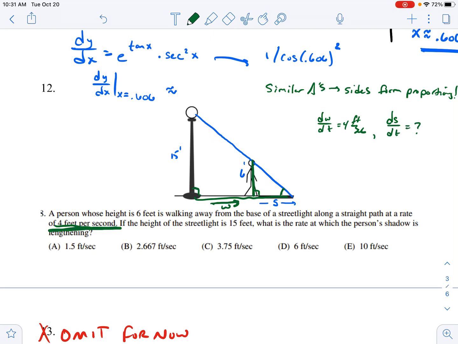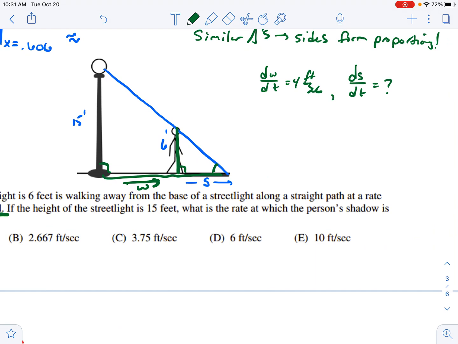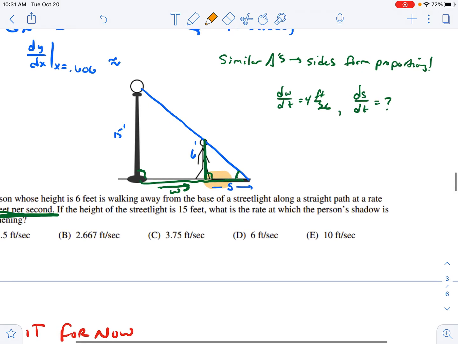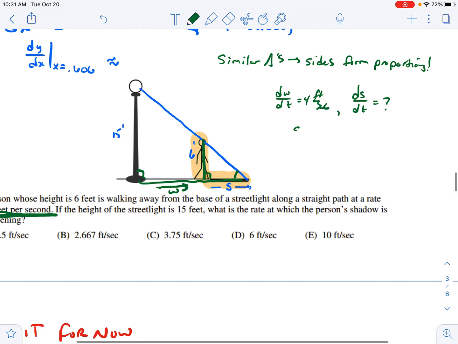Okay, and so what I'm going to do to set this up, look, the height is our constant. The person's 6 foot tall. That's a constant. The street lamp's 15 feet tall. That's a constant, so I can use those as I build my equation. So watch how I do this. I'm going to do bottom of the triangle over the side. Okay, so S over 6 equals bottom of the triangle.